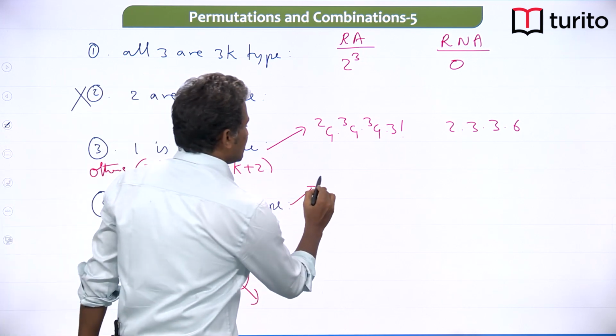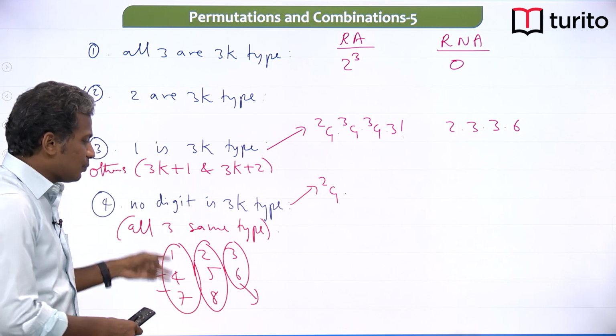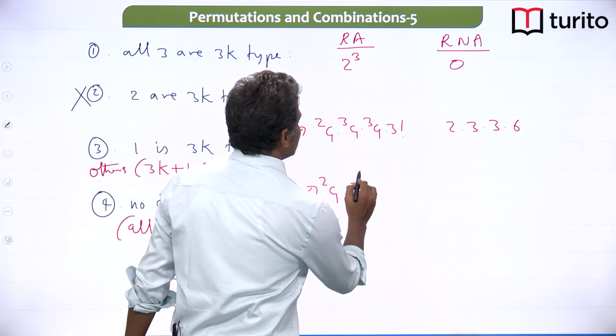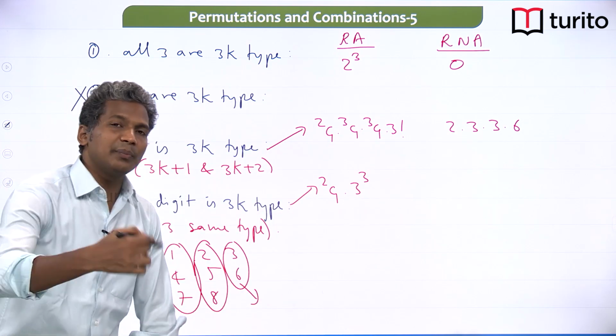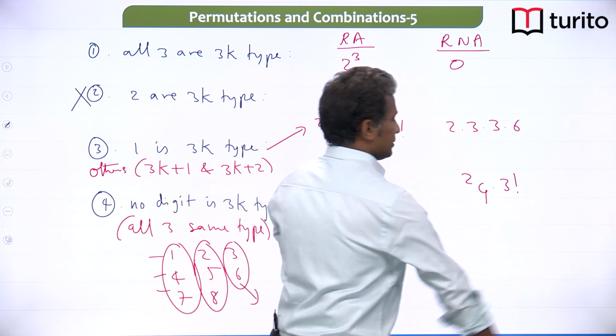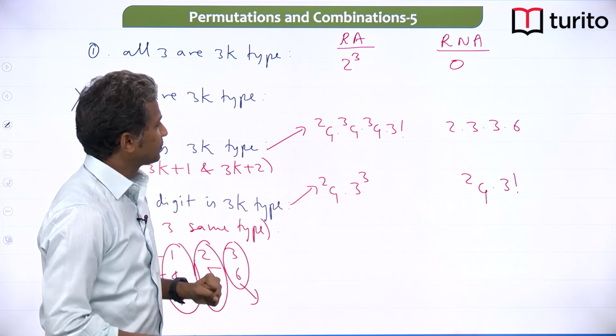To select the group it is 2C1, and now in that group I have 3 digits available and there are 3 locations. So it is going to be 3 cube here. This is with repetition allowed. If repetition is not allowed, it is going to be 2C1 into 3 factorial, because a digit cannot repeat here. So that is it.